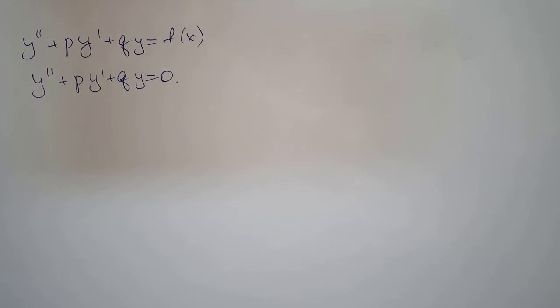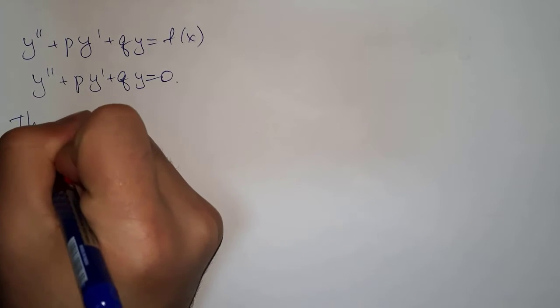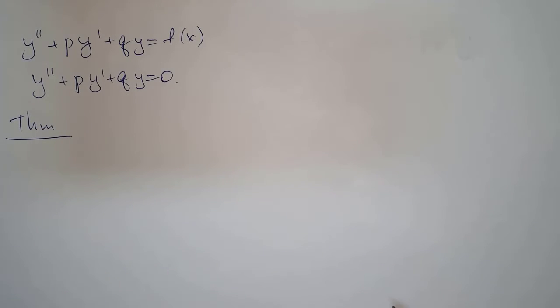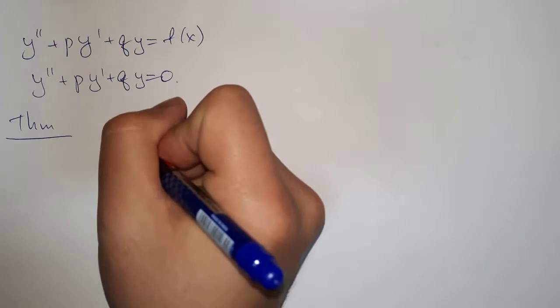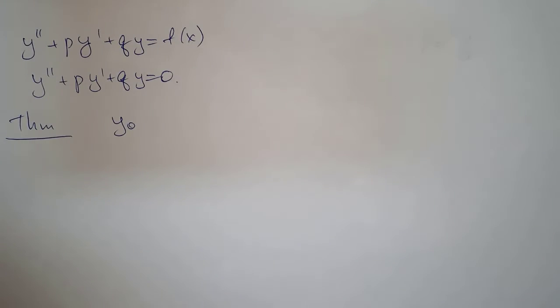And now here we have the next theorem. The general solution of the non-homogeneous equation is the sum of the general solution of the related homogeneous equation, this is y0, and a particular solution of the non-homogeneous equation.